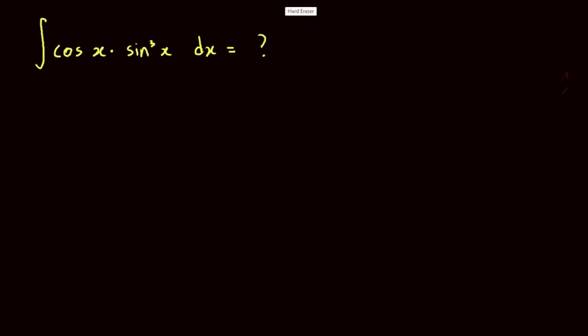Okay, so assuming that you have actually paused this video and tried to attempt it, let's solve the problem together. First and foremost, if you're aware that when you take the derivative of sine x, you already know the answer is cosine of x, right? So it is very logical.